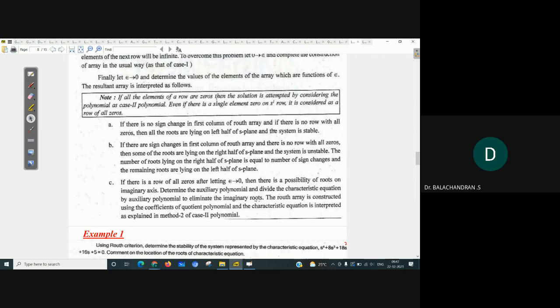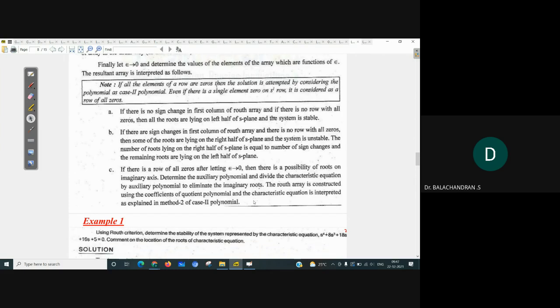So now I'll move to example 1. Please write down this question. Using Routh criterion, determine the stability of the system represented by the characteristic equation s power 4 plus 8s cube plus 18s square plus 16s plus 5 is equal to 0.